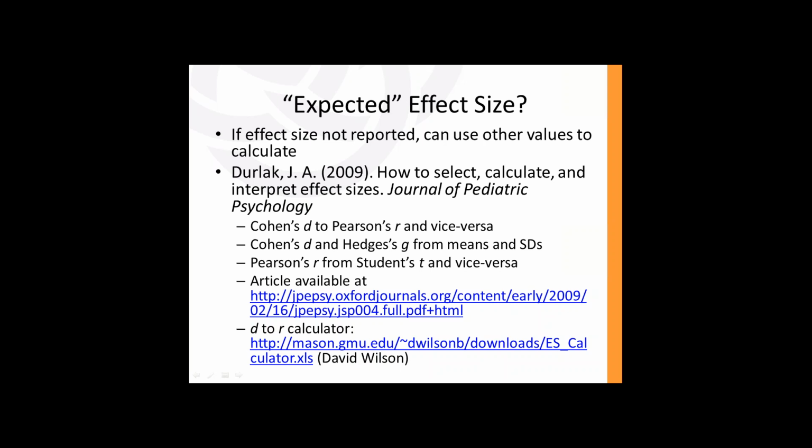And again, that's how you can find an effect size based on previous studies, right? You look at a previous study and you see, okay, they reported this effect size, I can use that. Or if they reported partial information, you can use the information on this slide to obtain an effect size that you can then plug into your expectations.